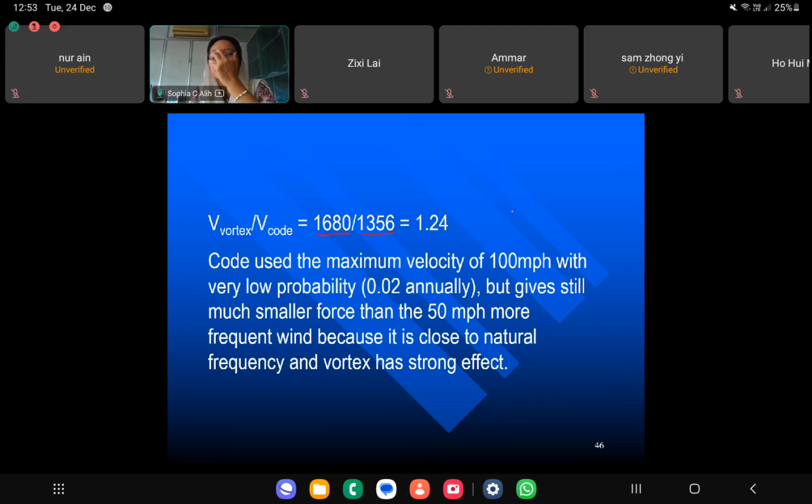It means that it is less than what is supposed to be in the real one, and the code has underestimated the base shear that is happening due to the vortex for your structure. So this is the kind of thing that you can do in order for you to have an initial decision on what type of analysis that you're going to use for your design. Okay.